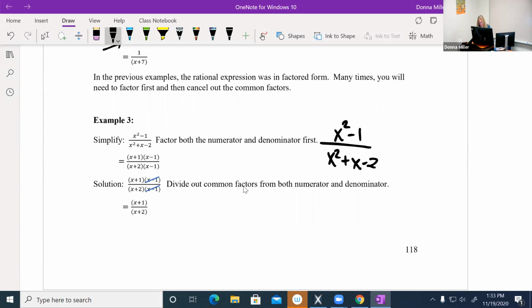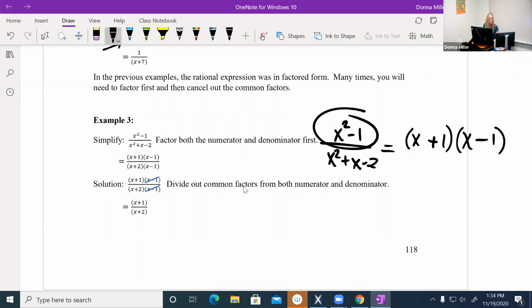So remember, this is your difference of perfect squares on the top. So you just take the square root. On the top, we factor: the square root of x squared is x, and the square root of 1 is 1. So it's x plus 1, x minus 1. That's your difference of squares. All right, on the bottom, I need factors of -2 that add to 1.